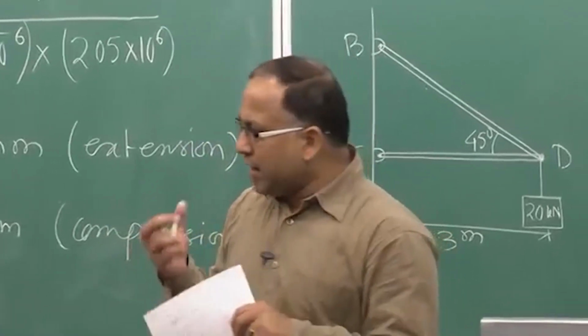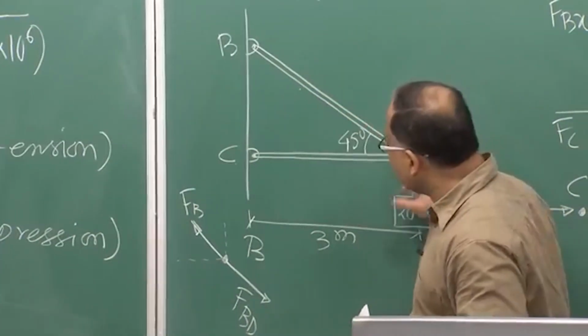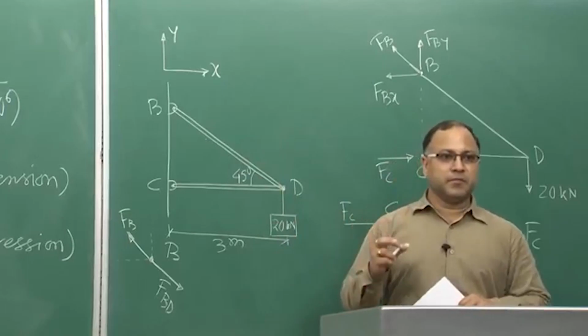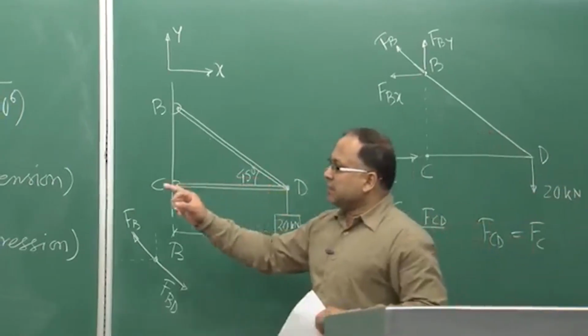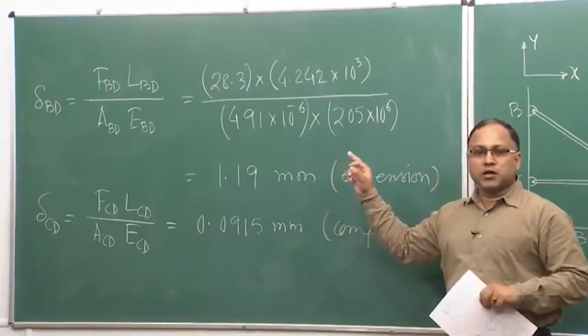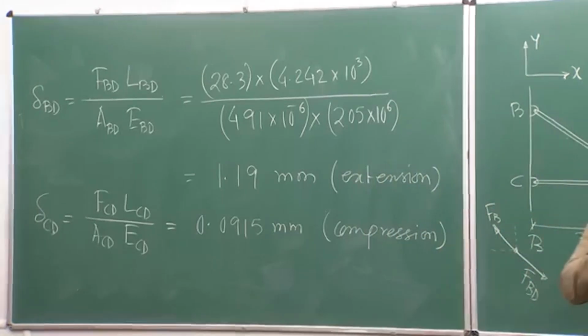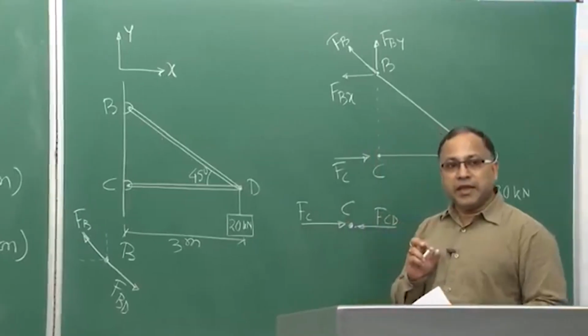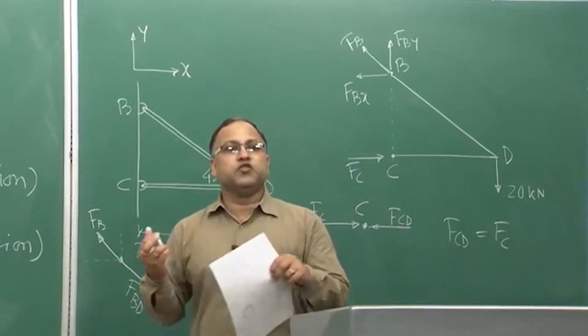But when they are actually connected, or when they are present in an assembly, then these values have to be satisfied, but at the same time they cannot behave individually.